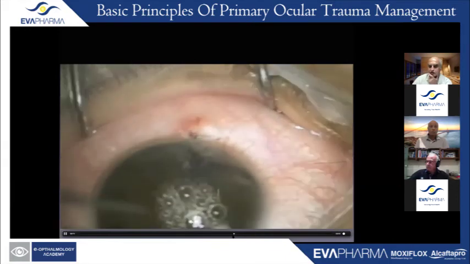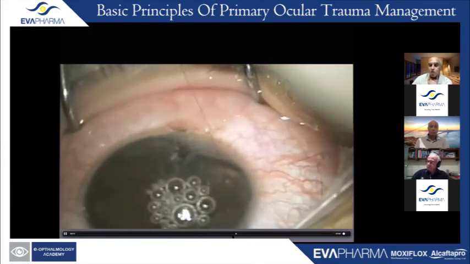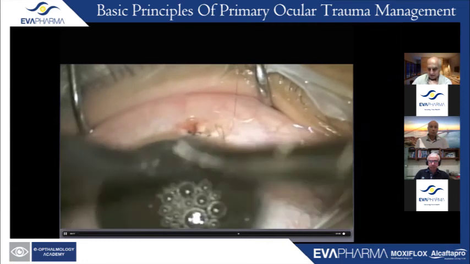And then closure of the conjunctiva with an embedded knot. Always make sure to embed the knots.